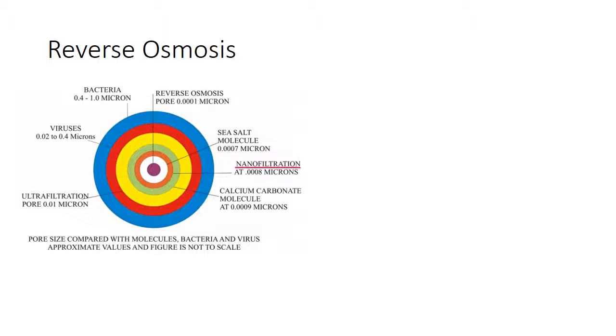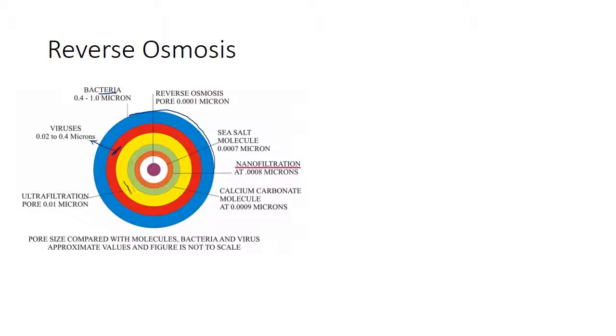This process is reverse osmosis. So you're putting pressure on the concentrated side in order to push the purified water out. And so this is another way of representing the same thing, where if you have a pore size the size of this blue, then you're going to filter out the bacteria. And as you get smaller and smaller, the red corresponds to being able to filter out viruses.